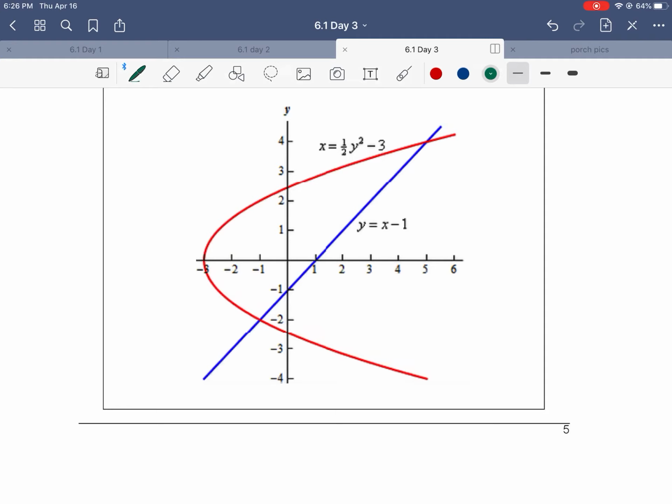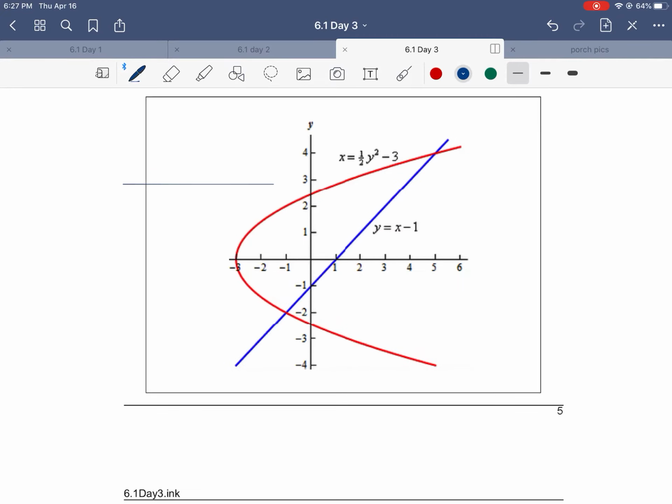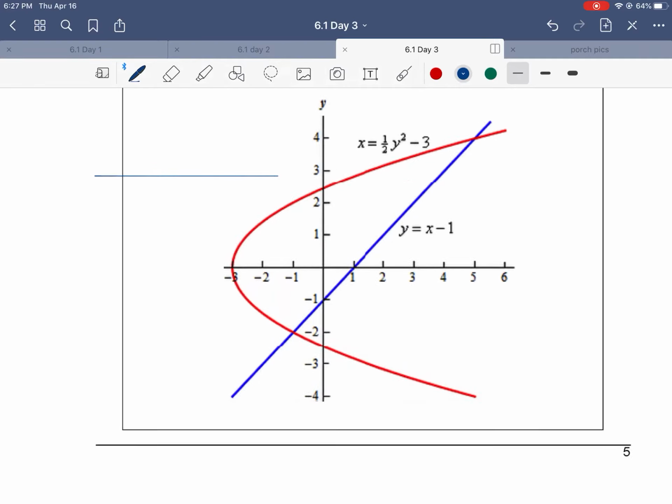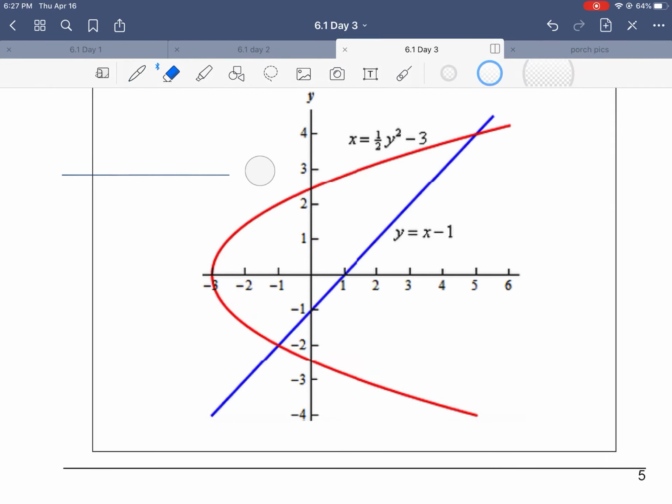Right? So if you were to take your pencil horizontally and move it up and down the graph, the pencil, I wish I could show this to you more effectively, but I can't.